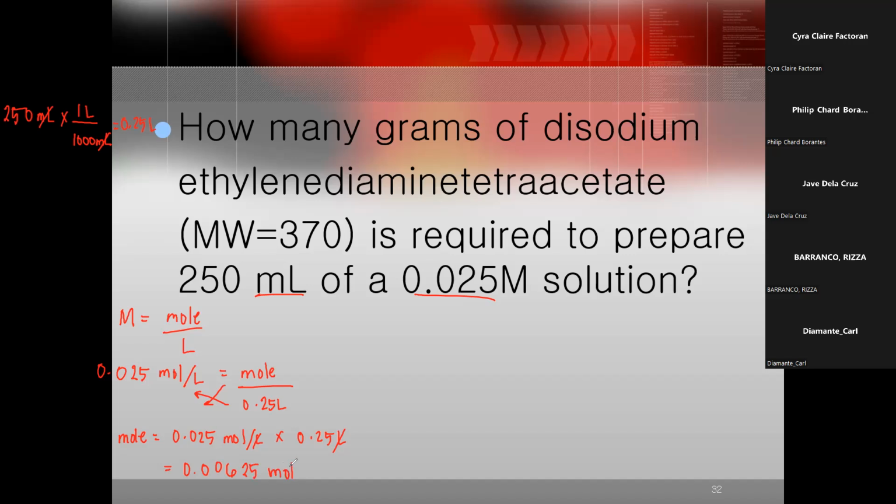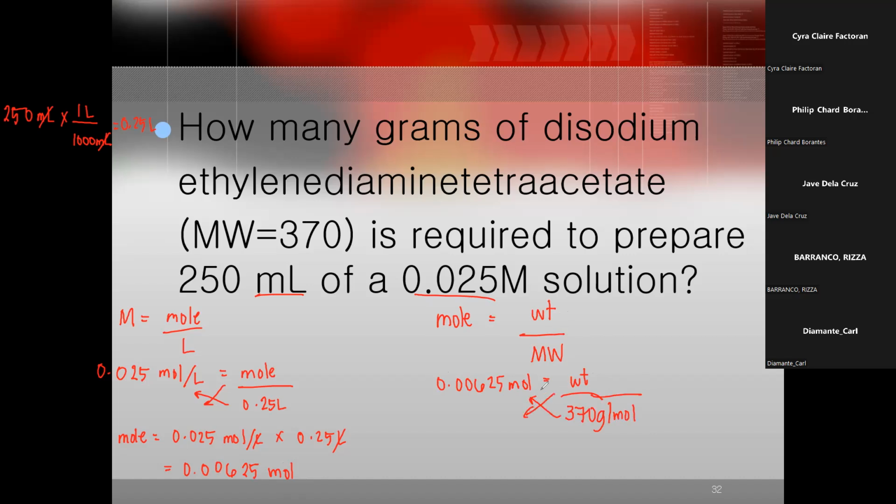This is the number of moles. Now remember the formula, moles is equal to weight of the substance divided by its molecular weight. The moles has already been computed, 0.00625 moles. And then we are looking for the weight of the substance in grams. The molecular weight is given in the problem. That's 370 grams per mole.